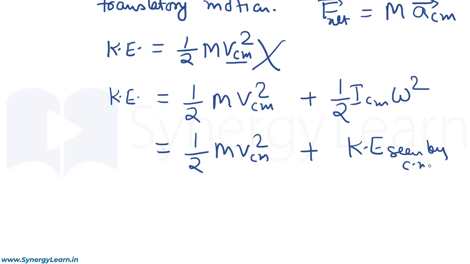The kinetic energy seen by center of mass is the kinetic energy seen by an observer present on the center of mass. So with the help of center of mass we can finally write kinetic energy also.